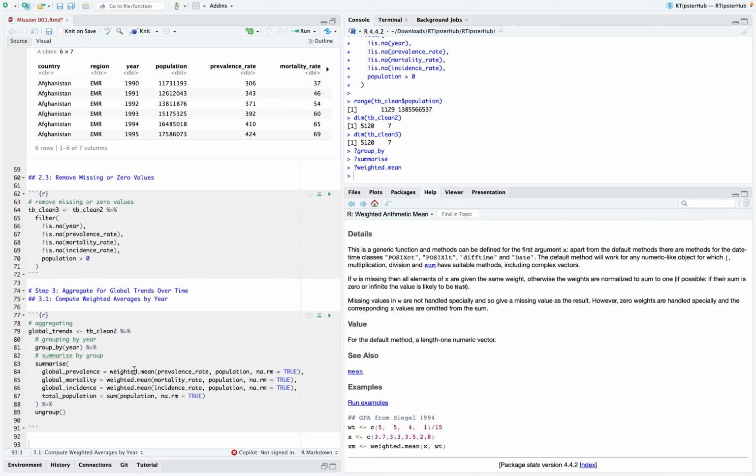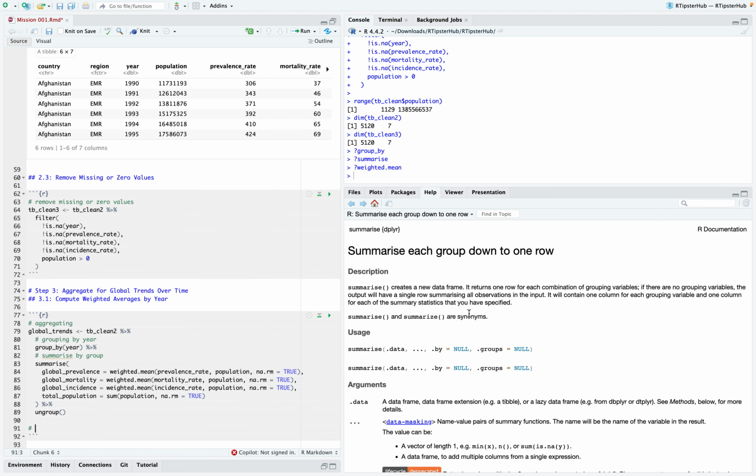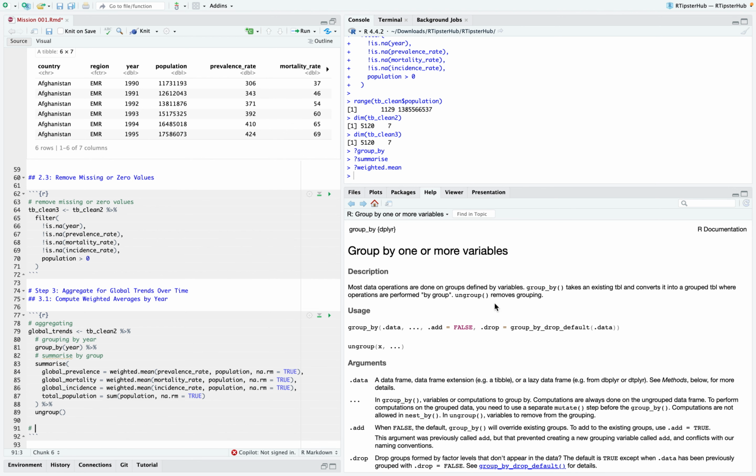So we are going to weight the means of prevalence rate, mortality rate, and incidence rate. For population, we're just going to get the sum, and then we ungroup this. Ungroup removes grouping, as you remember what we saw here. So let's get a glimpse of the summary.